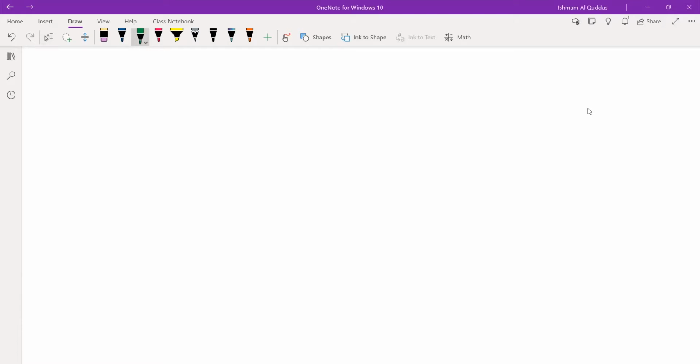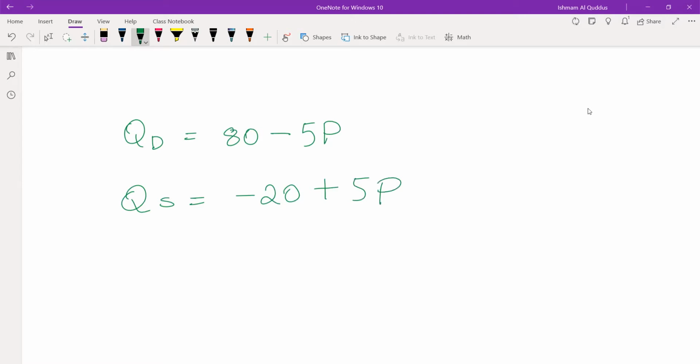So let's say we have a quantity demand function, which can be, let's say, 80 minus 5p, and the quantity supplied, let's say, minus 20 plus 5p.